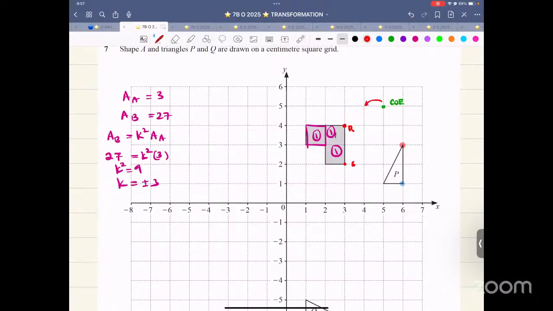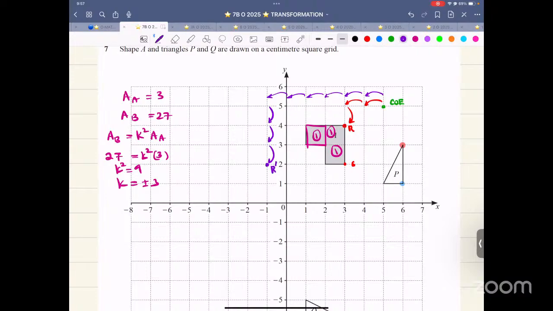So go 1 left, 2 left, and 1 down. So from here, we have to do something else. Multiply it with 3. So this is 1, this is 2, this is 3, this is 4, this is 5, this is 6. You're going 6 to the left, and then 1, and then 2, and then 3 down. So somewhere here would be R prime. Got the idea?